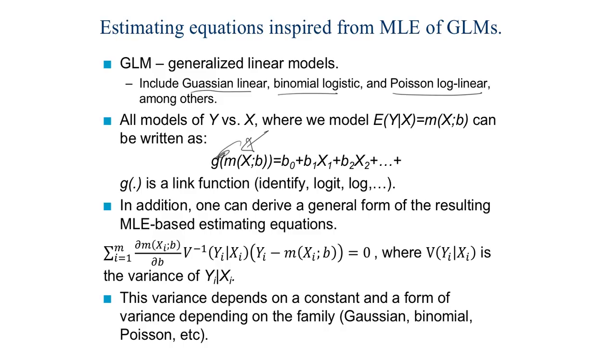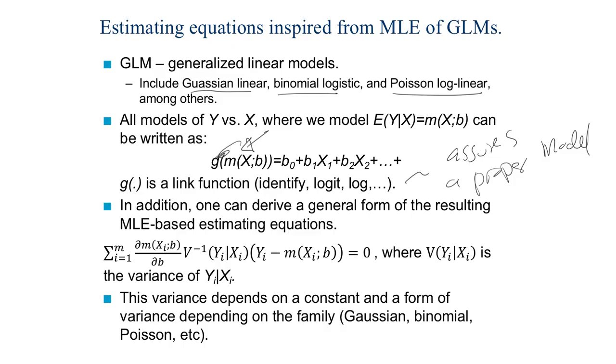So G is called the link function, and that's how we make sure the model is proper. It assures that, no matter what I put in for the b's and the coefficients and the x's, I will get out a predicted value for the conditional mean that respects the natural bounds.